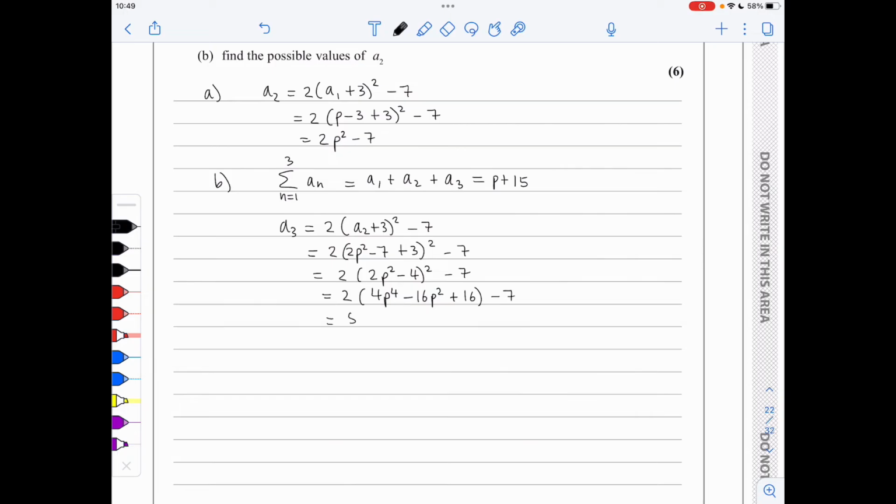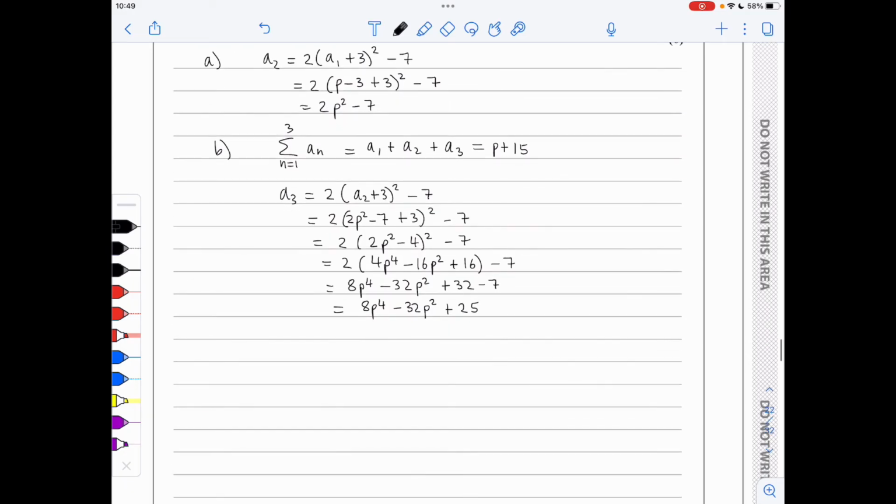So this is 8p to the power of 4 minus 32p squared plus 32 minus 7, which simplifies out to 8p to the power of 4 minus 32p squared plus 25.